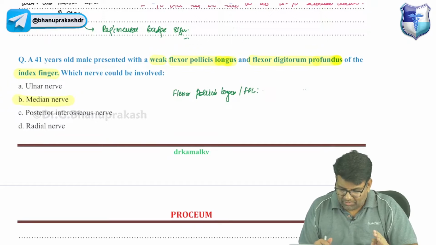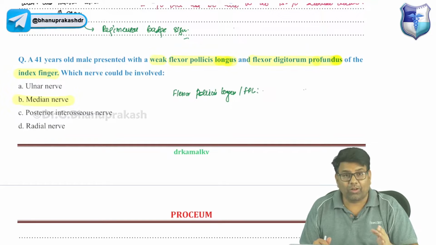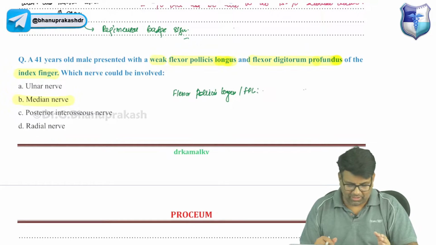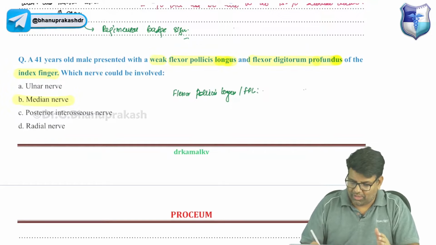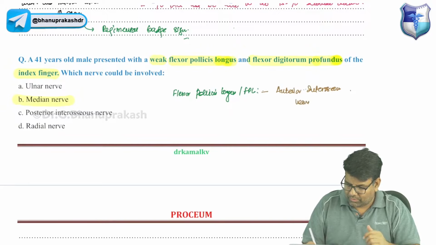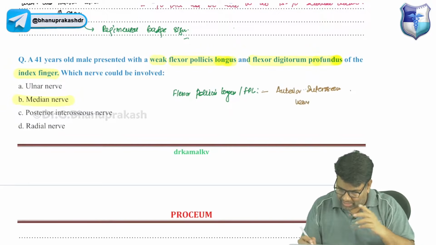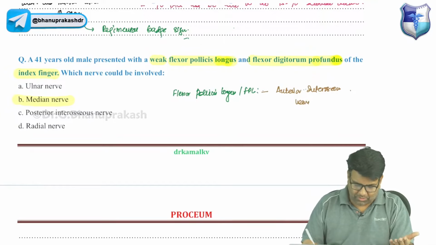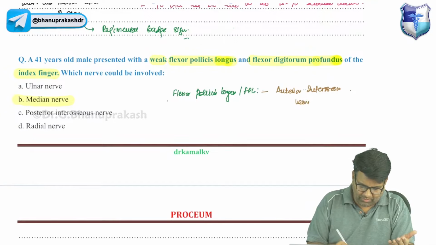Now can anyone tell me the exact nerve supply of flexor pollicis longus? It is actually a branch of median nerve. So this is actually the anterior interosseous nerve, which is of course a branch of median nerve. And apart from this, there are two more muscles.